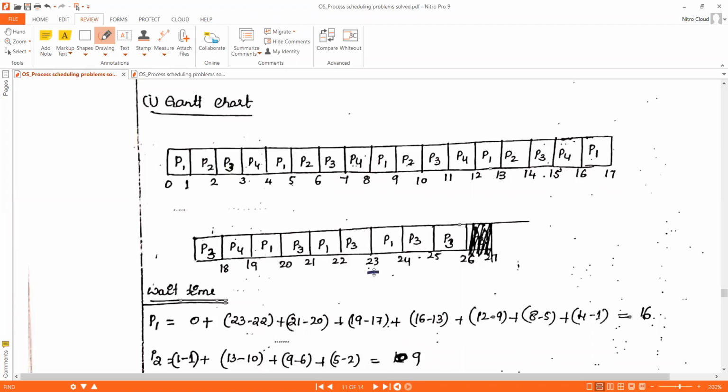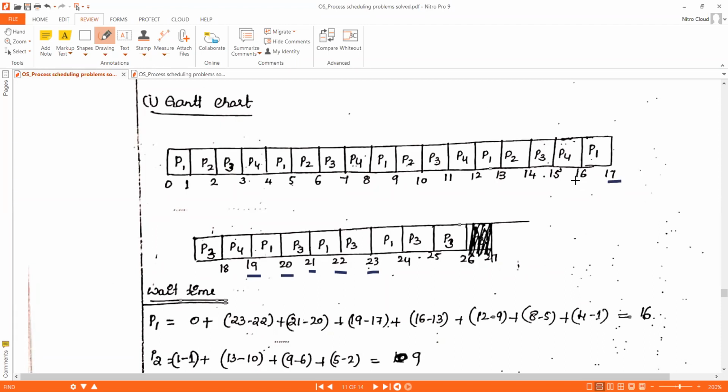Minus its previously preempted time. Process 1's previously preempted time is 22. 23 minus 22. Next 21 minus 20. Next 19 minus 17.